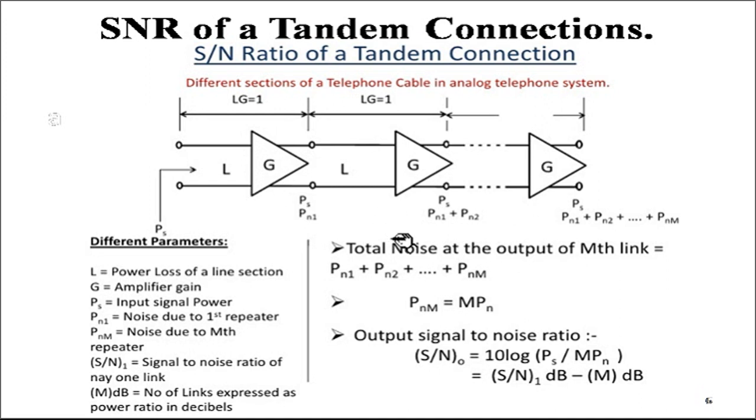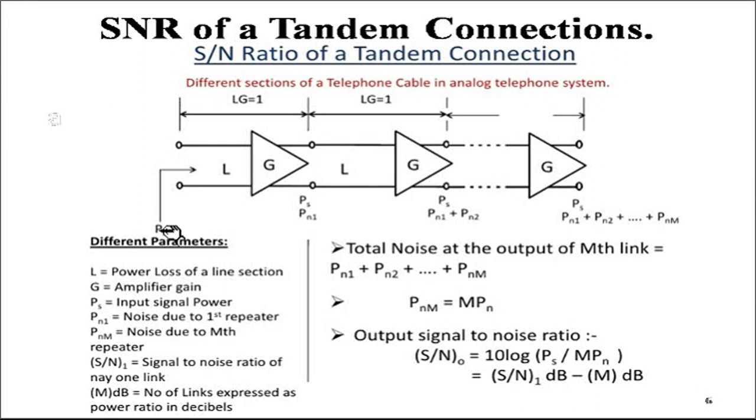As each amplifier adds its noise, noise gets accumulated: when the input is given here, it is processed and the output is given to the input of the next stage. So whatever noise was here accumulates and gets added into the next stage. Noise also travels from one section to another section.